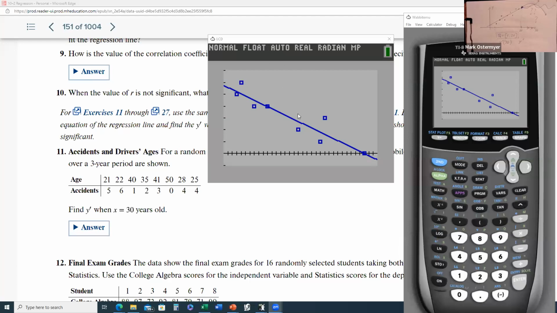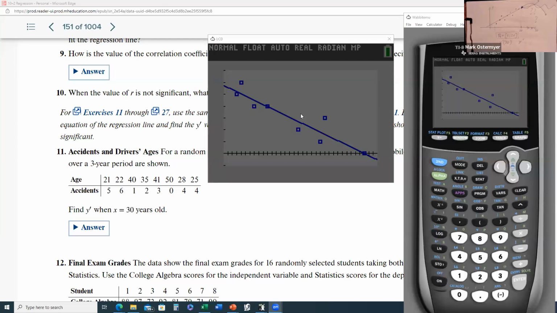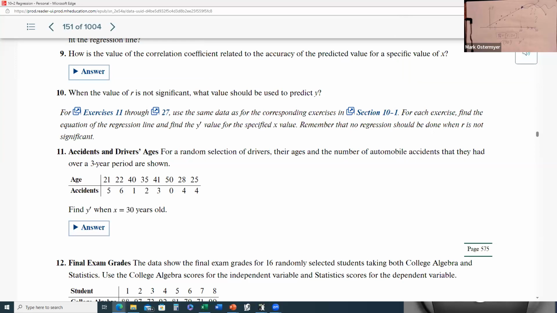Now, I remember I also stored this regression equation in Y1. And so we can use that to make a forecast or prediction. For instance, they want to know what would be the predicted number of accidents for a driver that is 30 years old.